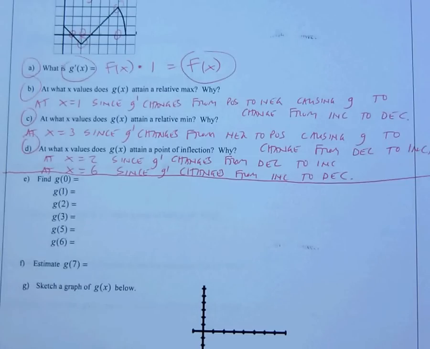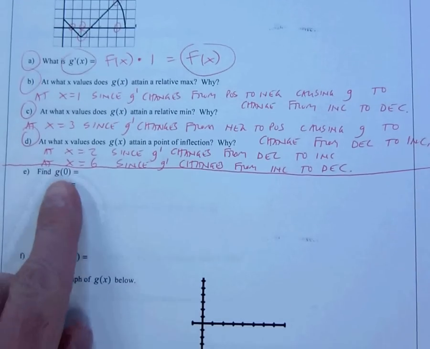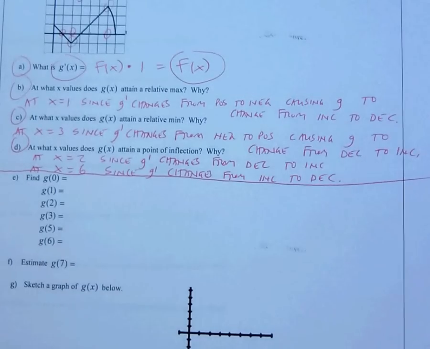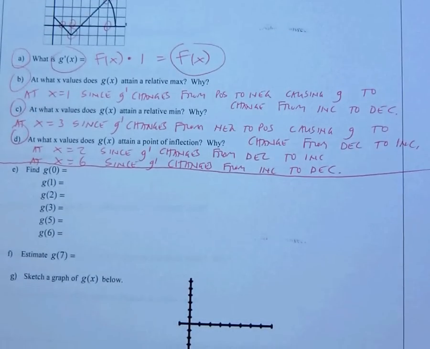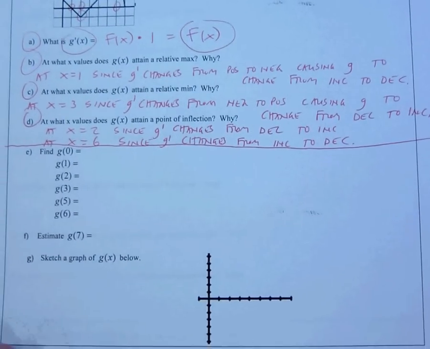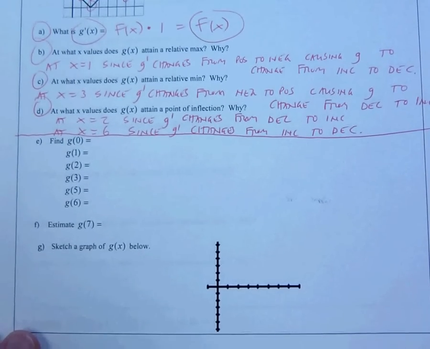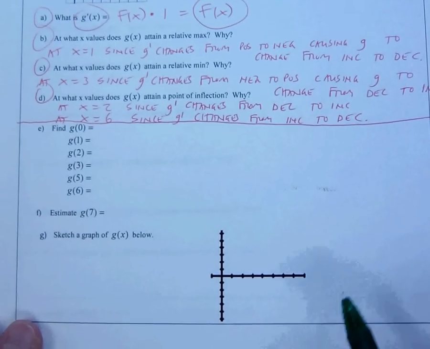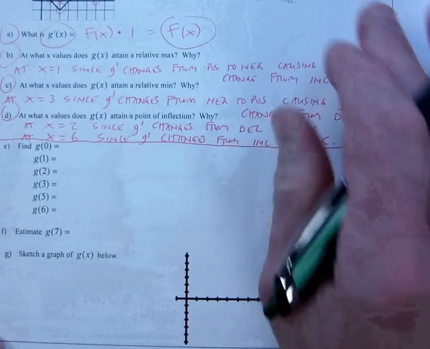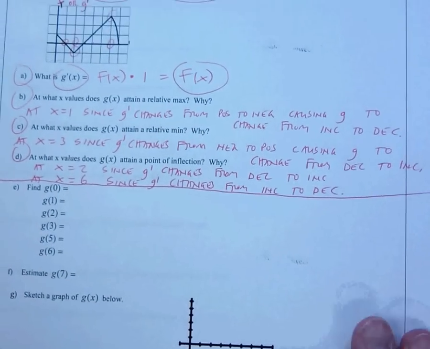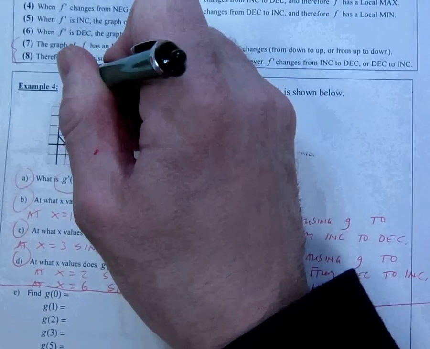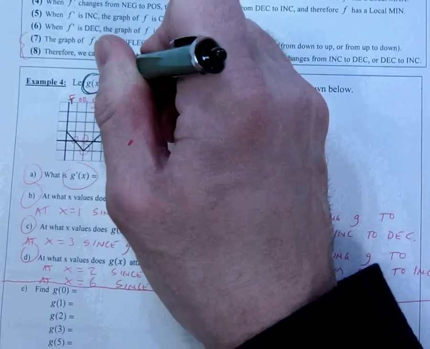we need to find g of 0, right? Okay, so look, if I want to find g of 0, and this is g of x, how would I find g of 0?